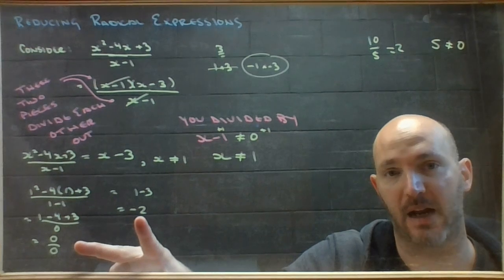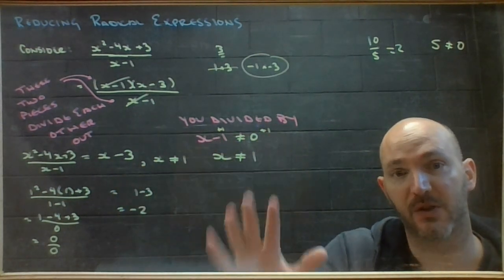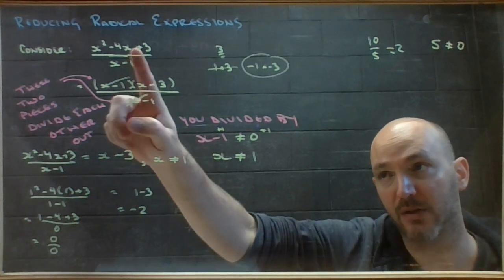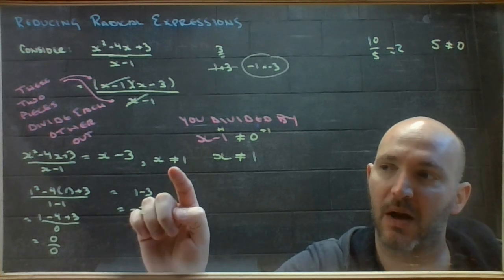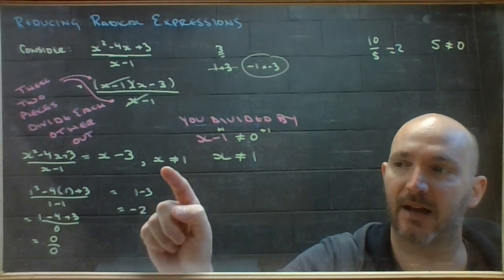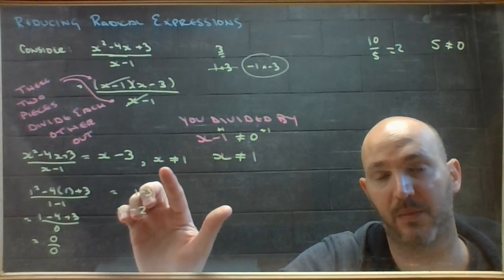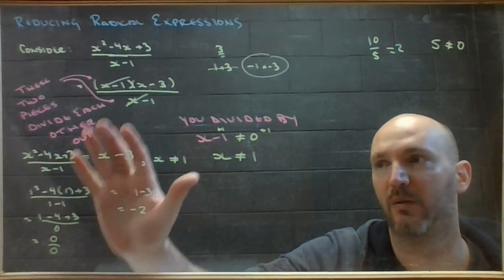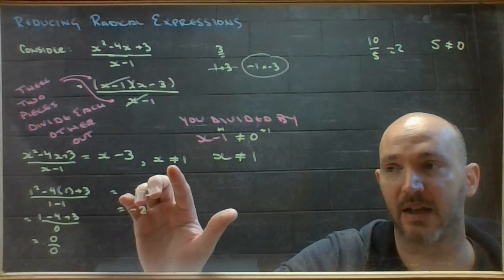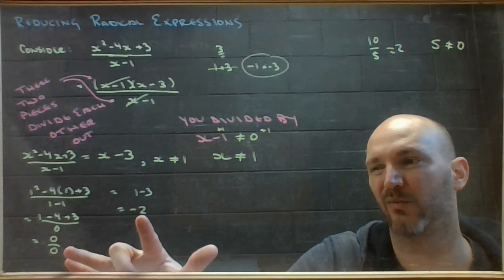Right? There's a mismatch at that one particular place. So whenever you're reducing a rational expression, you're allowed to factor and you're allowed to use factors to divide each other out, but you must include the statement that x cannot equal whatever at the place where a factor was divided out. You have to state this because at that one particular place, weird stuff happens.